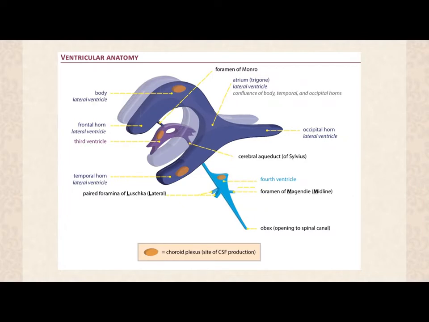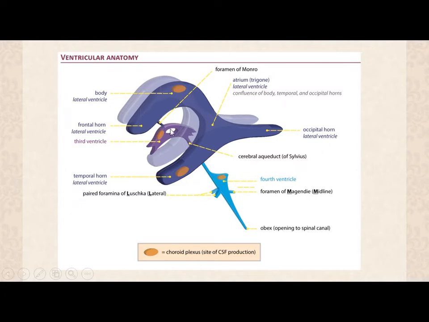Okay, so first of all, we have to know the ventricular anatomy of the brain. The ventricles, as I'm sure all of you know, are composed of the lateral ventricle, the third ventricle, and the fourth ventricle, and they are connected by special foramina.